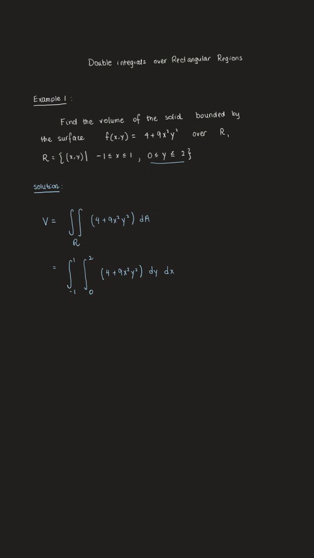Now, as I explained with the slicing method, in order to evaluate our internal integral, since we're evaluating with respect to y, we're going to hold x fixed, which means we're going to consider x as a constant and integrate with respect to y.